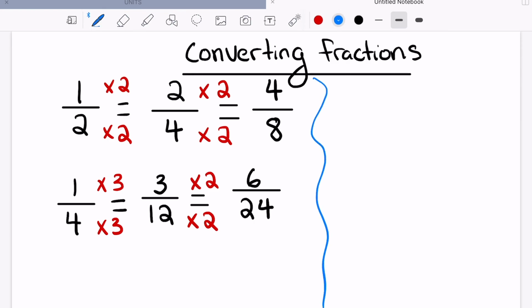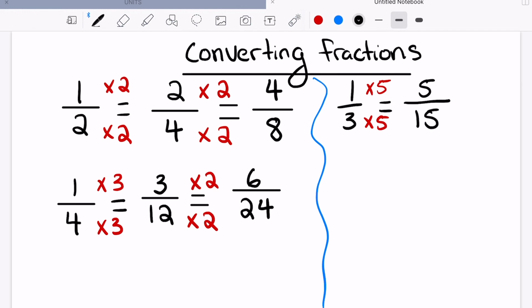Let's try another one. Let's try 1/3 now. We can do times 5. 5 times 1 is equal to 5. 3 times 5 is equal to 15.